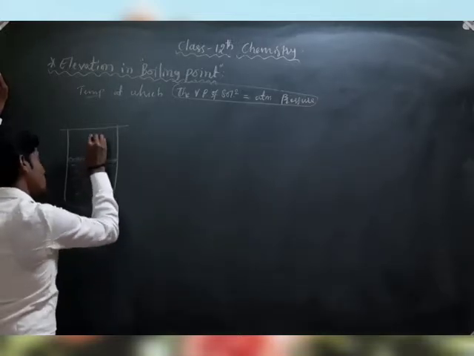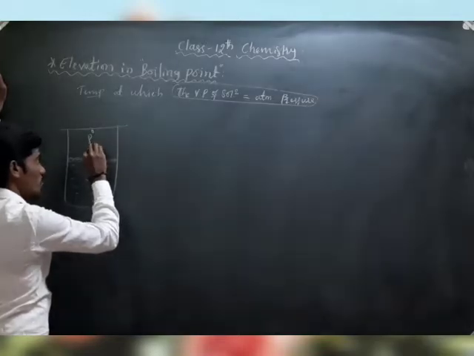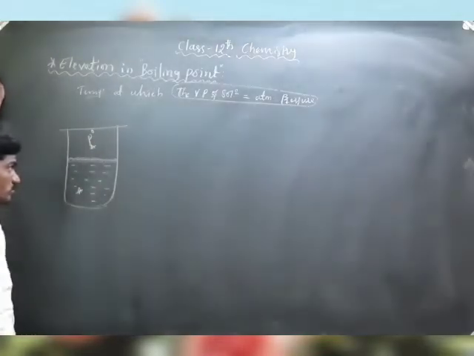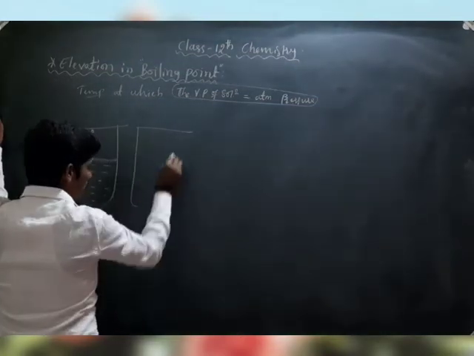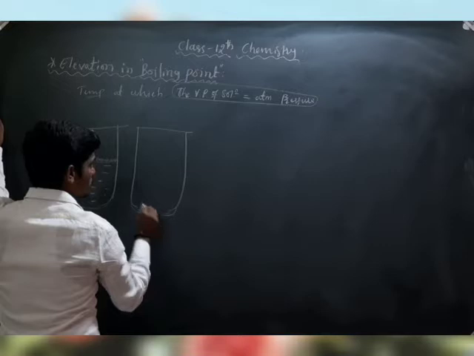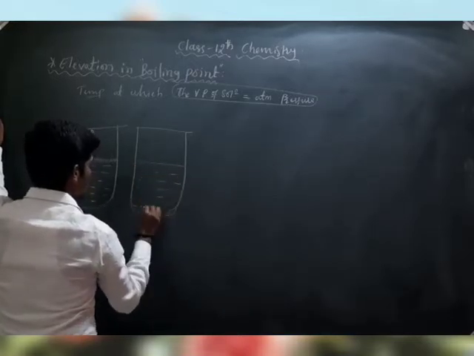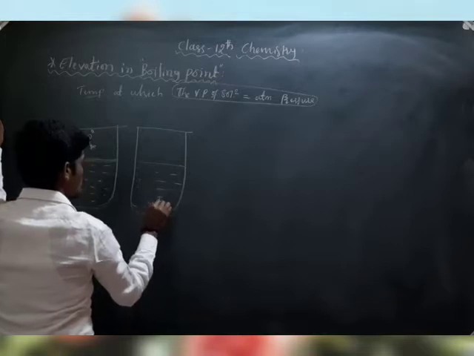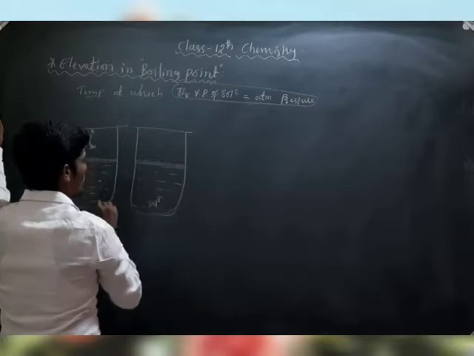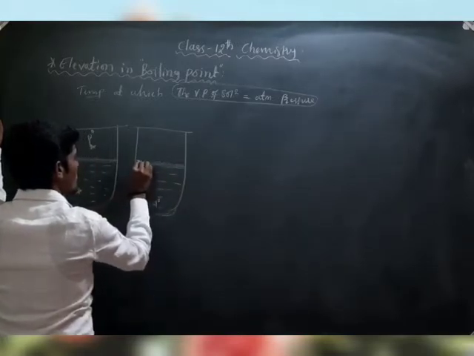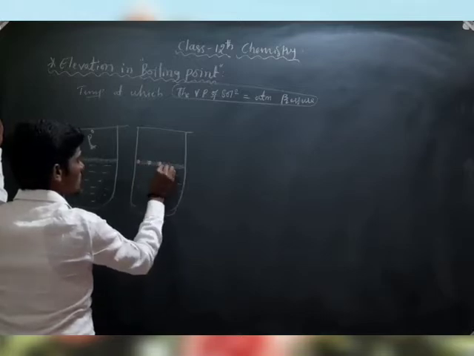Whatever pressure is exerted is called the vapor pressure of pure solvent A. Now in the second beaker, I have added a little solute, so it becomes a solution.